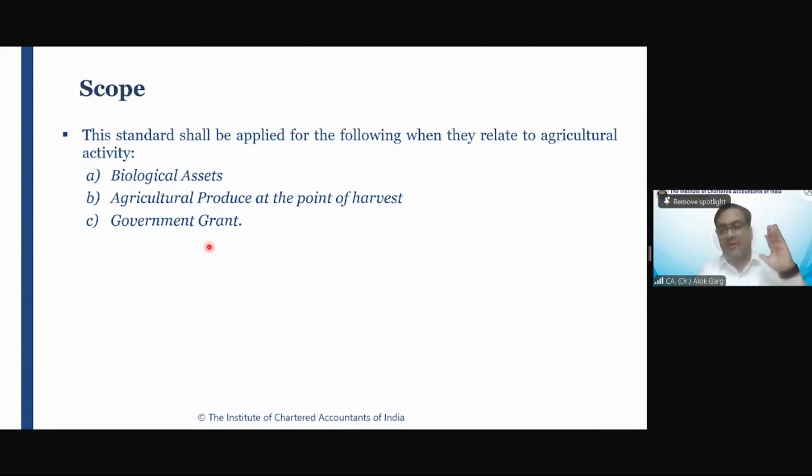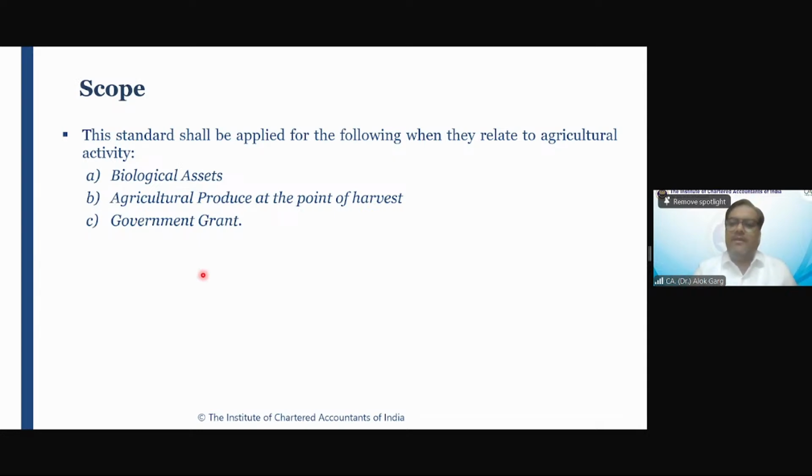So we will be talking about 3 items: biological asset, agriculture produce, always remember at the point of harvest, and government grant. We will be covering the recognition, measurement, presentation, and disclosure of these 3 items when they relate to agricultural activity.